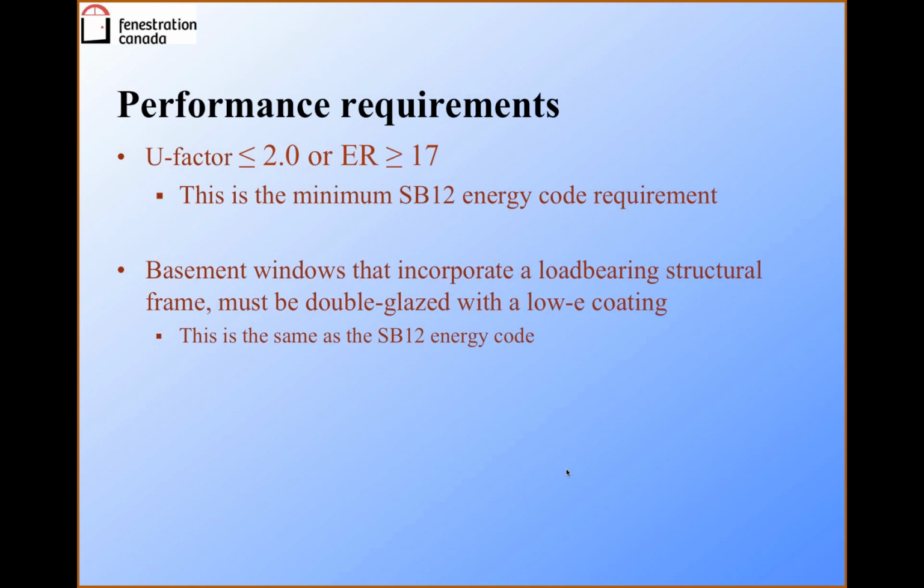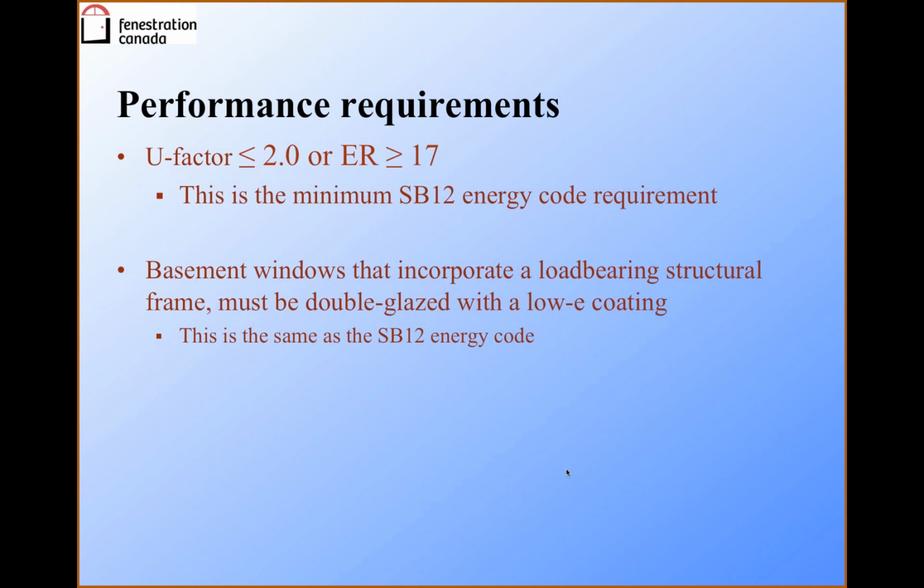You could be required to use anything from a 2.0, 1.8, 1.6, or 1.4 U factor window, or the matching ER that goes with those U factors in the building code, depending on all the other components going into the building envelope. So the very minimum requirement in the building code is the 2.0 or energy rating of 17. So it's in line with the building code as the minimum requirement.